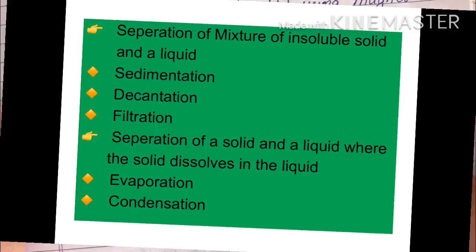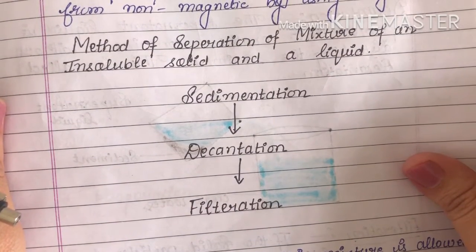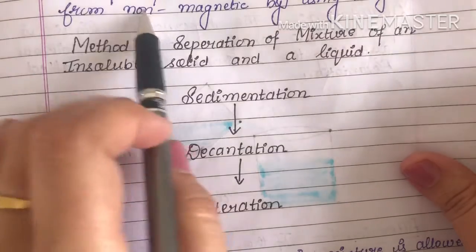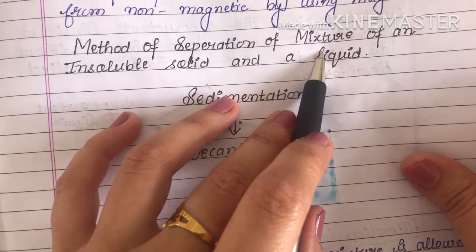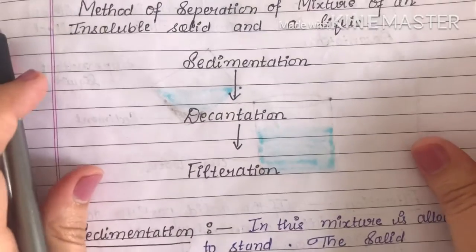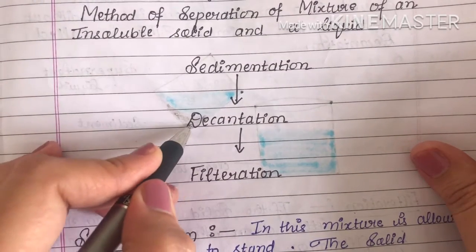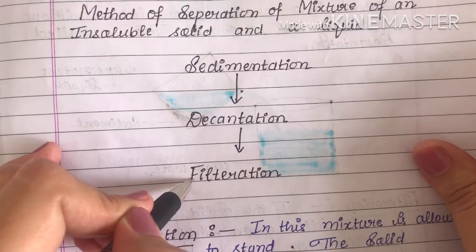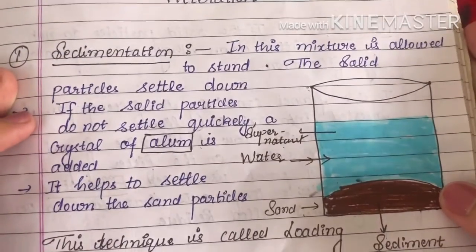So let's start with separation of a mixture of an insoluble solid and a liquid. Insoluble solids and liquids can be separated with the help of these steps. The first step is sedimentation, the second is decantation and the third is filtration.